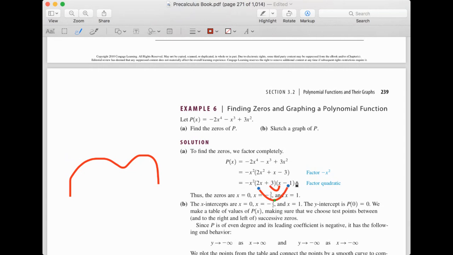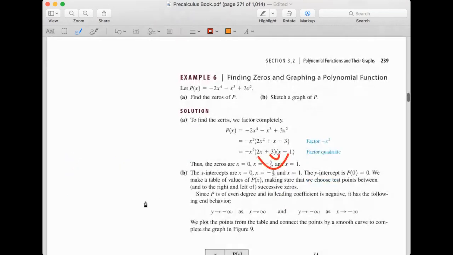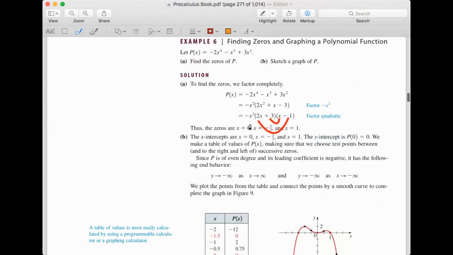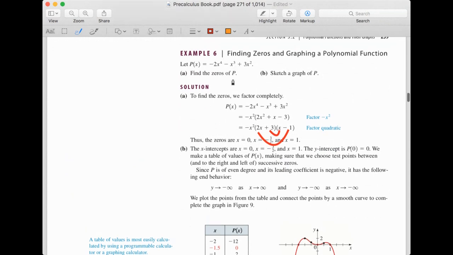So solving this, we get x equals 0, x is negative 3 over 2, x equals 1. So we have 3 zeros, or 3 x-intercepts: 0, 0, negative 3 over 2, 0, and 1, 0. What's our y-intercept? Our y-intercept again is 0, 0, which is also an x-intercept.